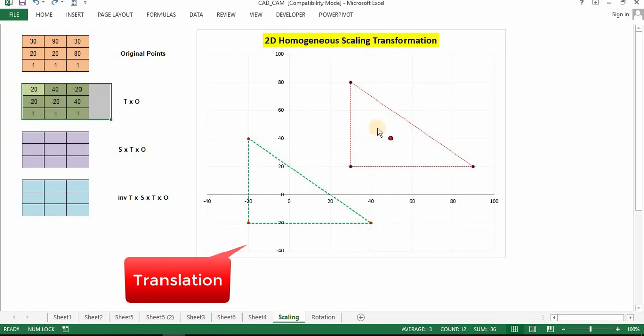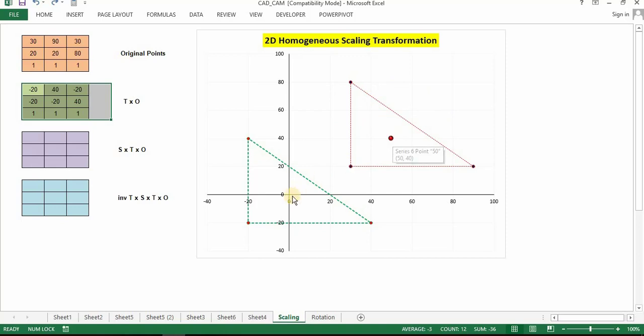The actual PQR triangle moves to the origin, meaning this point travels from here to here, and then we apply another transformation like scaling or rotation. This is the method. After multiplying the original point with this translation, the geometry moves to the origin.